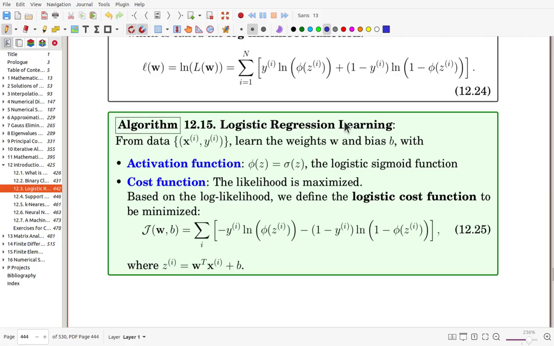Here we multiply by -1, so minus and minus over there. So we try to minimize this objective function. That's the logistic regression cost function.